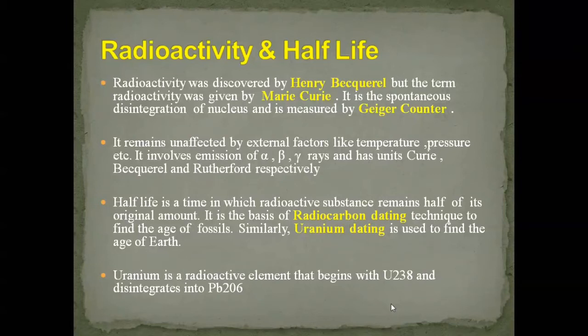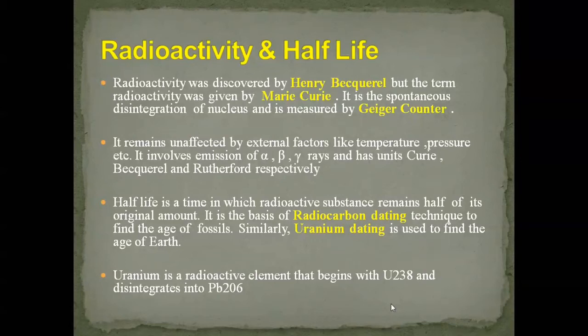Now, moving on to half-life. Half-life is the time in which a radioactive substance remains half of its original amount. It is the basis of radiocarbon dating to find the age of fossils.